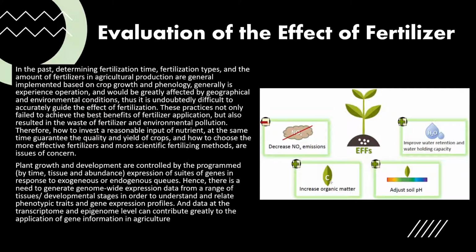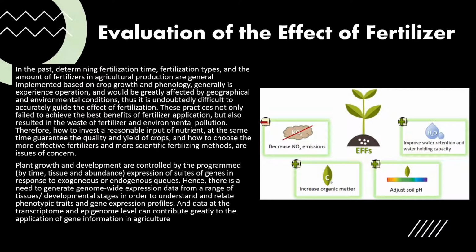The use of genetic information not only can accurately clarify the influence of conventional fertilization on crop growth and development, but also can more accurately assess the use efficiency of fertilizer, the work speed of different fertilizing methods such as foliar and soil fertilizer, the fertility of different fertilizers, and so on.